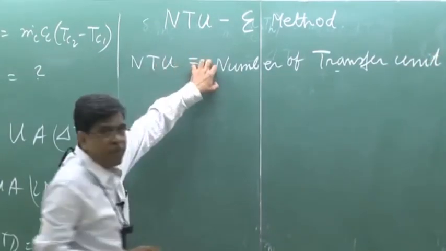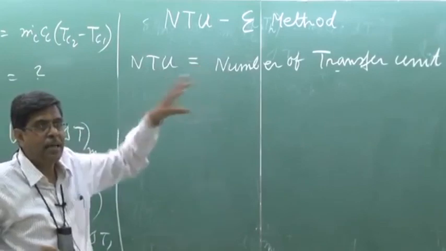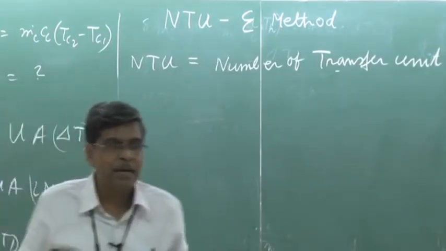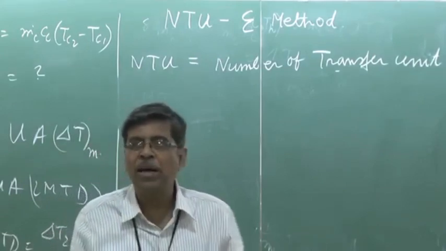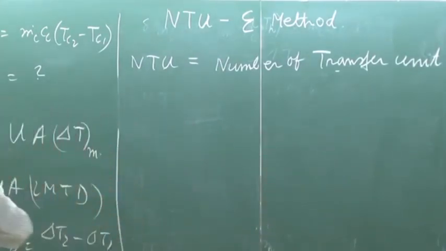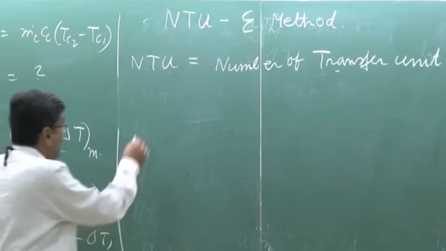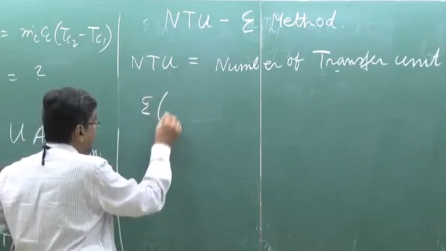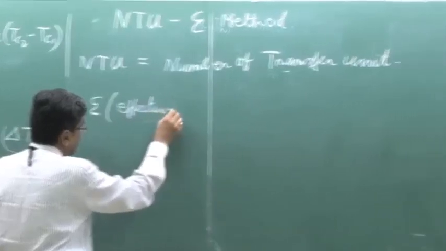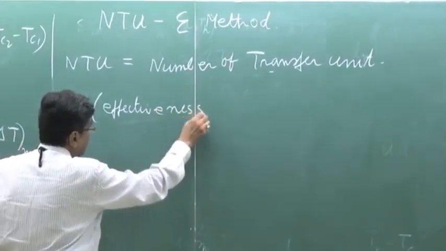I will come to this afterwards, because if I now write the NTU expression like the Nusselt number hD by k, you will be nowhere, so why unnecessarily all this, because automatically in the course of deduction a term will come which is a non-dimensional term known as the number of transfer units. Epsilon is known as effectiveness, which is also a non-dimensional term.